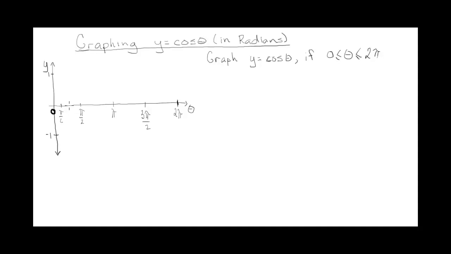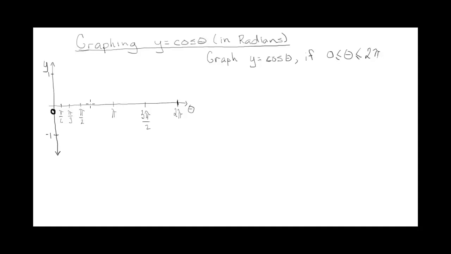And then the next scale mark would be double that, so if I count by pi by 6, this would be 2 pi by 6. But if you reduce 2 pi by 6, you get pi by 3. And then the next one would be 3 pi by 6, but that's just pi by 2.